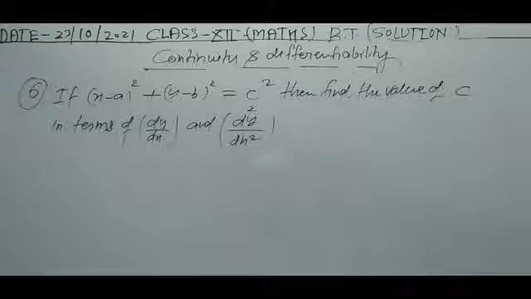Now we have to differentiate this function the first time, to find the single derivative, and then find the double derivative. Now we have to eliminate c, or find the value of c in terms of dy by dx and d2y by dx2. So this question I will discuss in the next lecture.